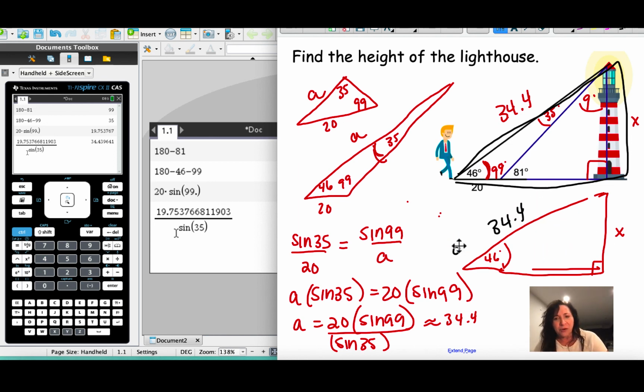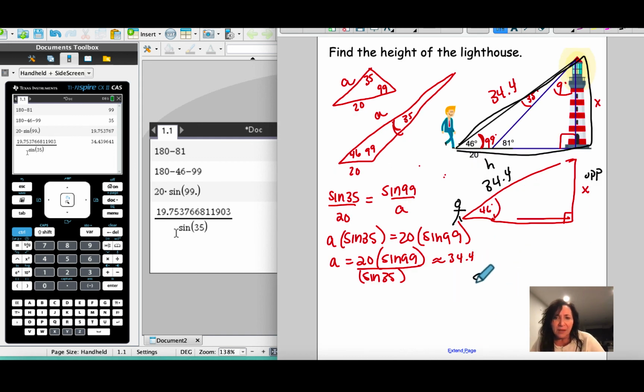If you're standing right here, this is the opposite side that I'm trying to find, which is the height. And this is the hypotenuse, which I have. So we're going to say sine of 46 degrees is equal to the opposite side over the hypotenuse, which is 34.4.